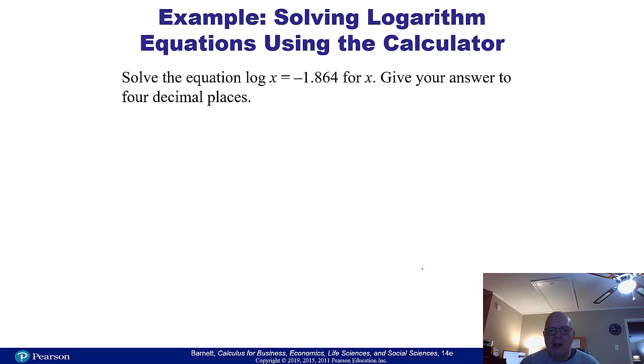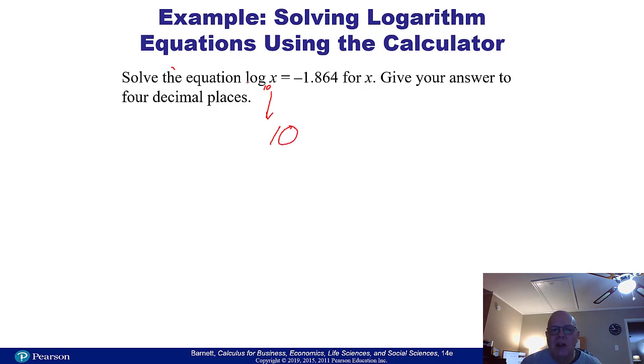Next, can you solve this? Pause it, come back if you like. I would rather you did that. Give it a shot. So, you can't solve it just like that. So we'll convert that to an exponential. Notice there's no base showing here, so it's automatically 10. And you always start with the base, 10.